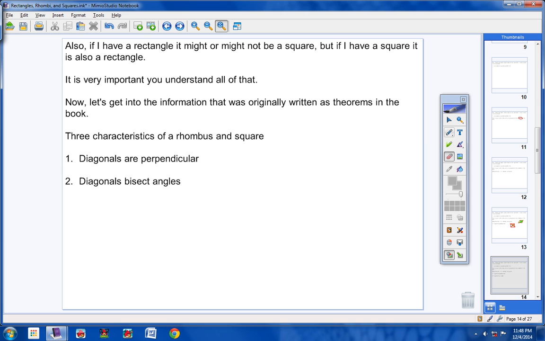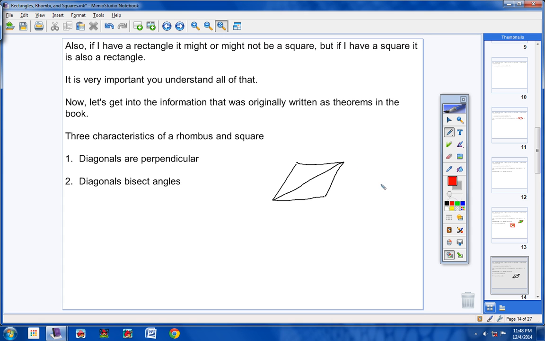Now, if I have a rhombus, now remember, in a rhombus, I do not have 90-degree angles right here, okay? So I don't know what the angle is, but I know this. If I draw a diagonal like this, watch carefully. You might want to write this down, guys. Any of these figures I'm putting up here, you might want to write down. It's up to you.